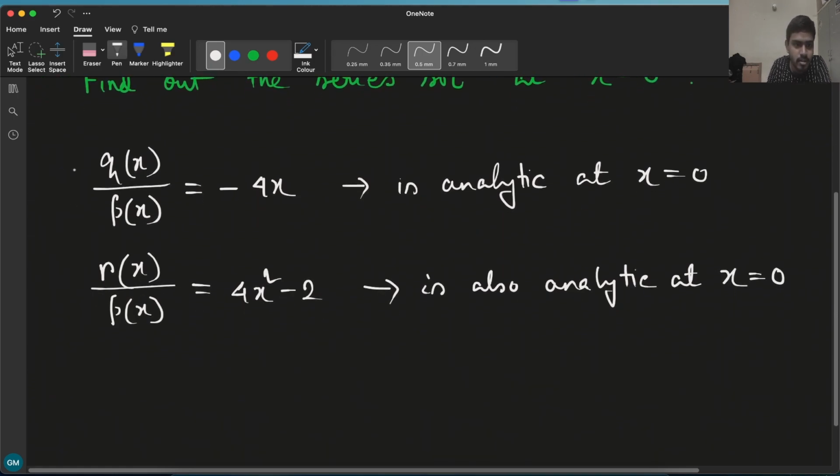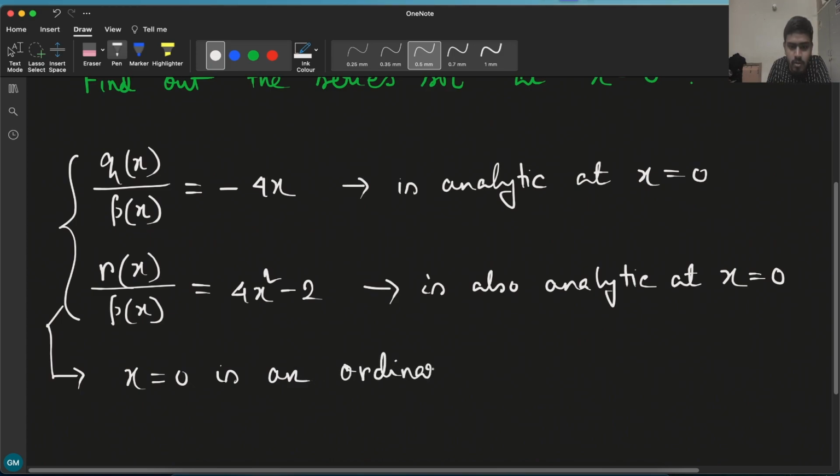As a result, x equals to 0 is an ordinary point for the given differential equation.